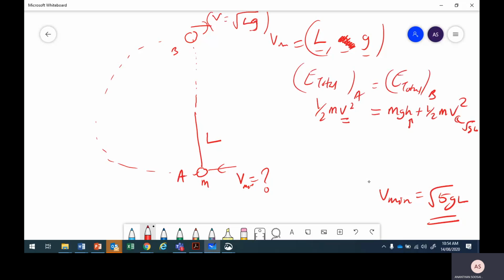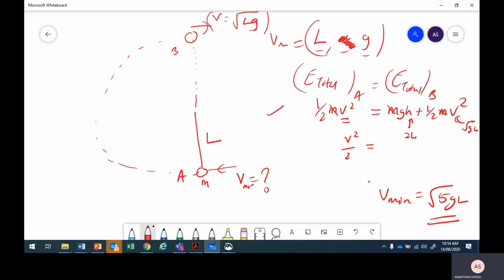H is how many L? 2L, yes, H is 2L. So this is the equation you must have. Find the V. V squared over 2, all M cancels.